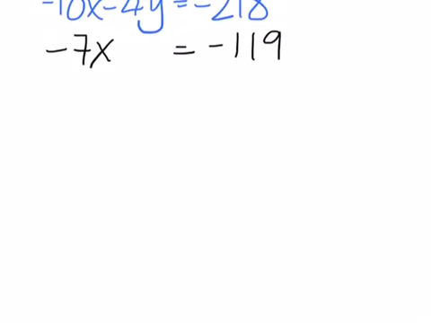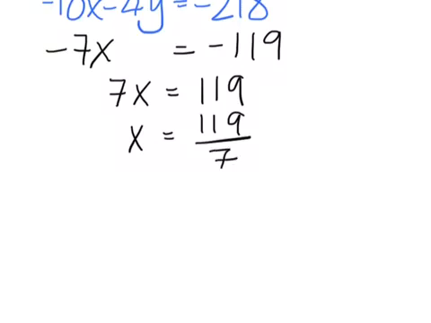So we have -7x equals -119, which then tells us that 7x is equal to 119. So that means x is 119 divided by 7, which means x is equal to 17.